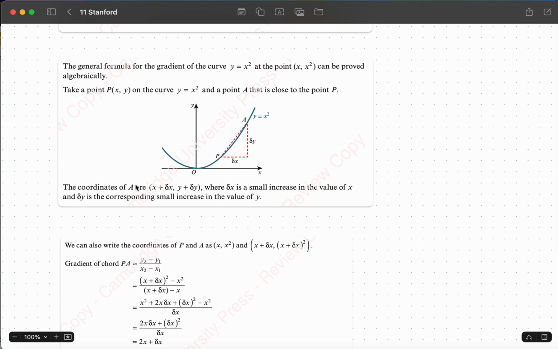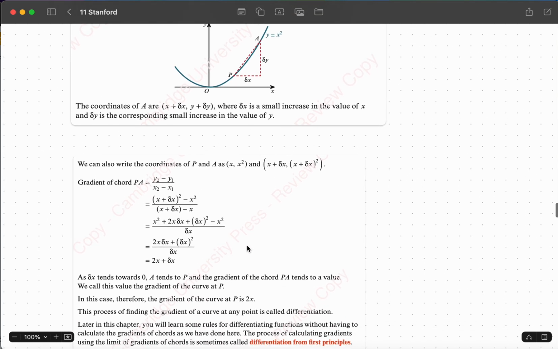The coordinate of P is (x, y), but A is (x plus delta x, y plus delta y), where delta x is a small increase in the value of x, and delta y is the corresponding small increase in the value of y. Understand until here?